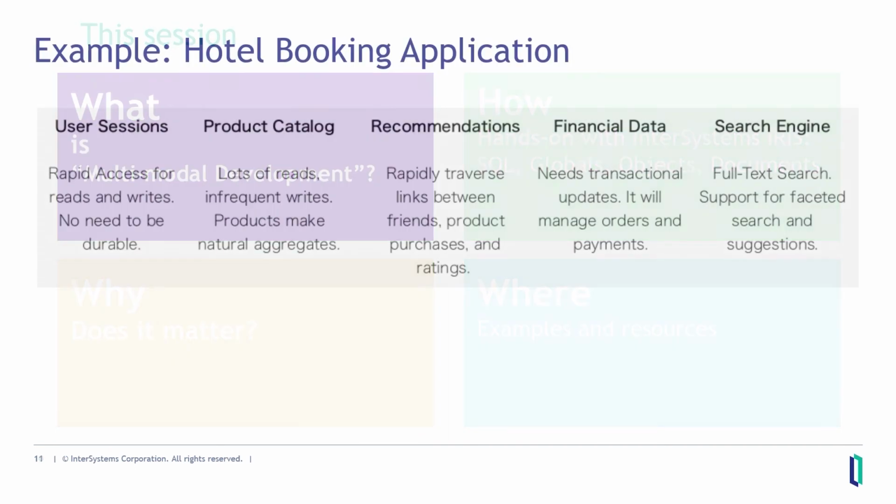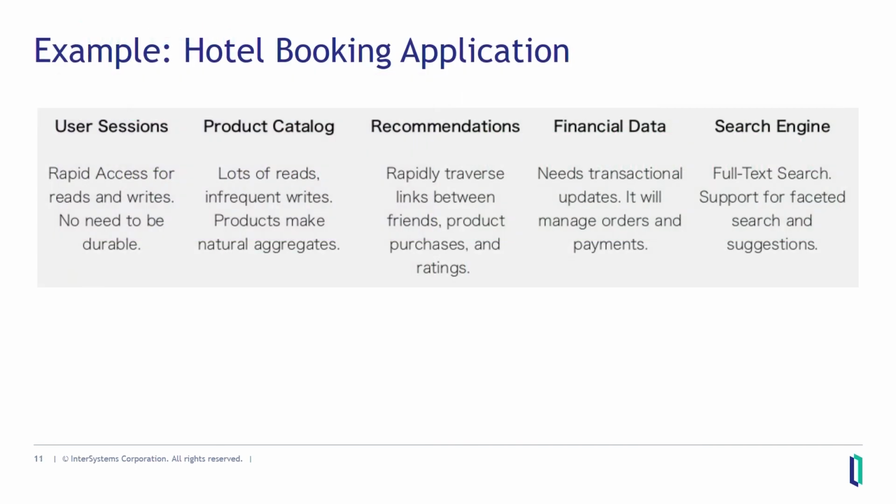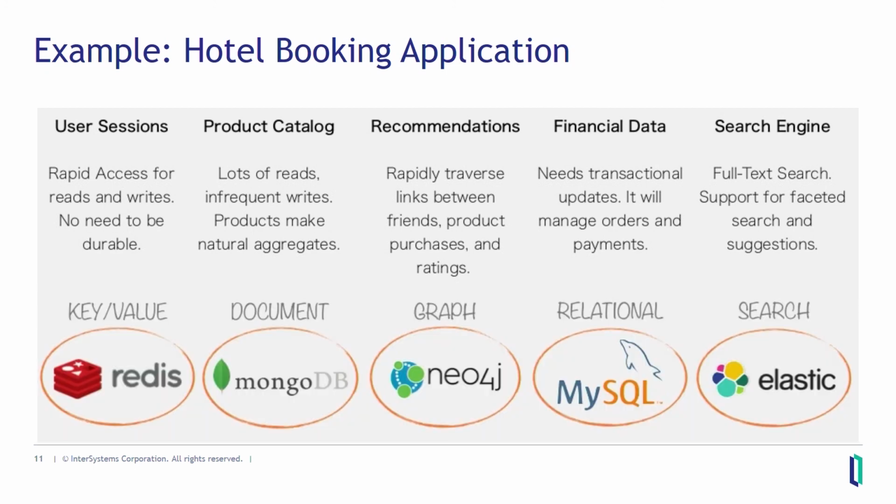Well, some of this is pretty obvious, right? Fewer moving parts is better. But I took a classic e-commerce application, and actually this is not my work. I'm ripping off an example and extending it for InterSystems.